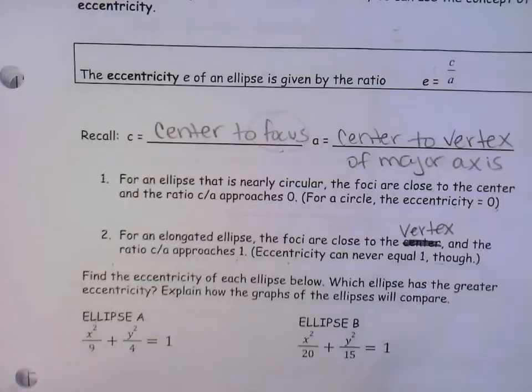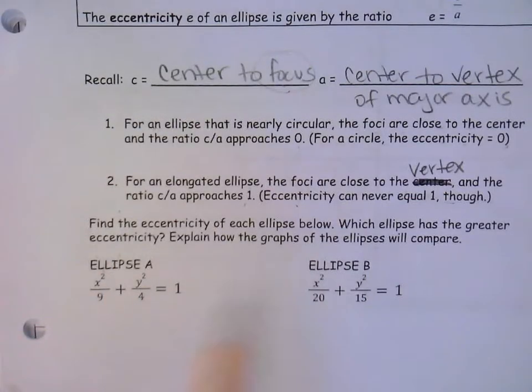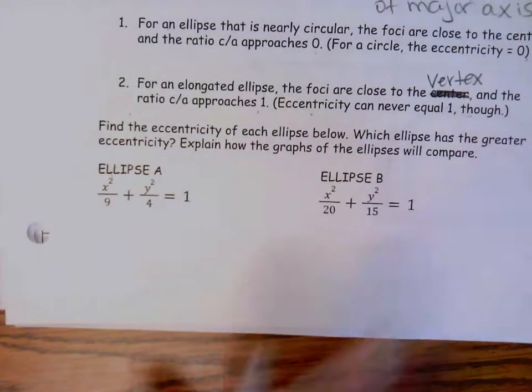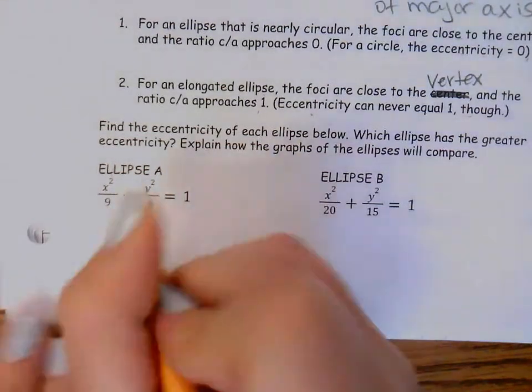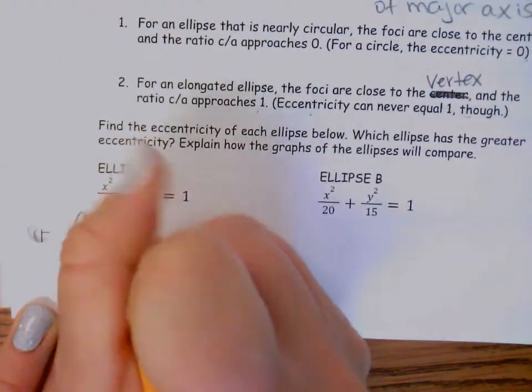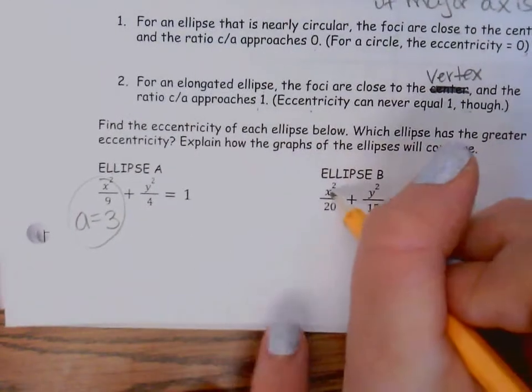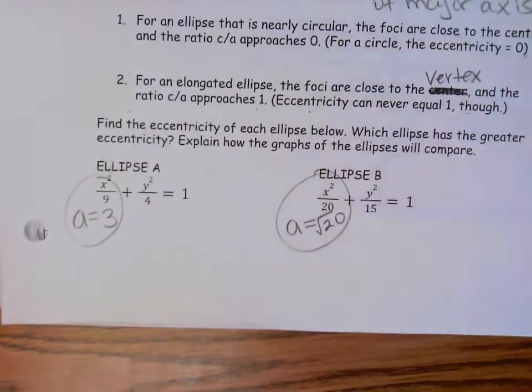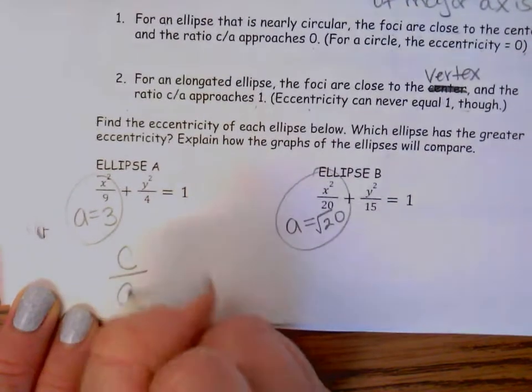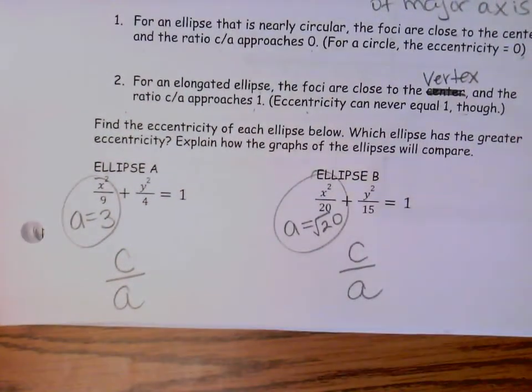All right, so let's find the eccentricity of each ellipse and explain if they will be really elongated or if they'll be short and fat like a circle. So we've got our A value, right? A is 3. And we've got our A value over here. A would be the square root of 20, whatever that is. I need to solve for my C values, because I need to take C and divide by A to find eccentricity.